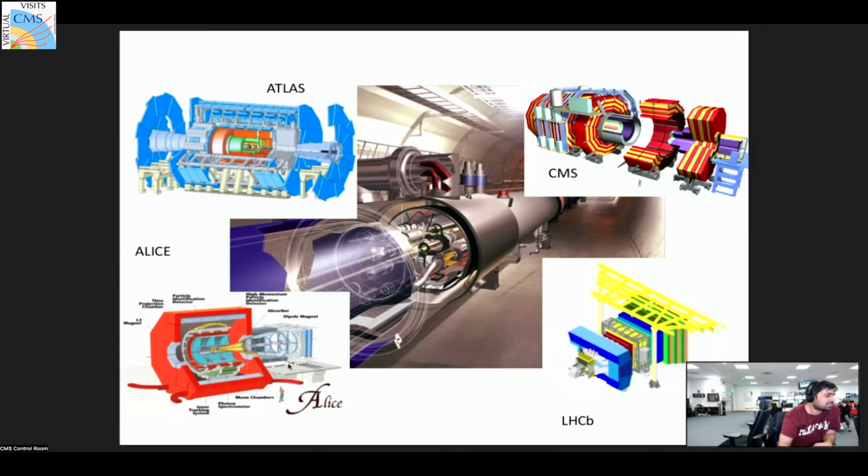ALICE is a very specialized detector to do heavy ion physics. They study mostly quark-gluon plasma, while LHCb is what Alexei described, the matter-antimatter asymmetry. This detector is very specialized to study that kind of physics.